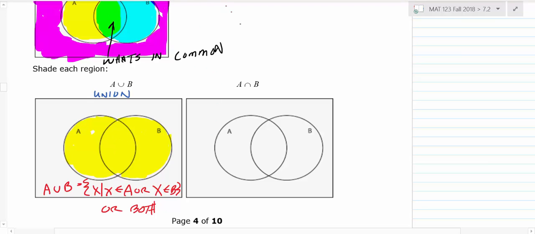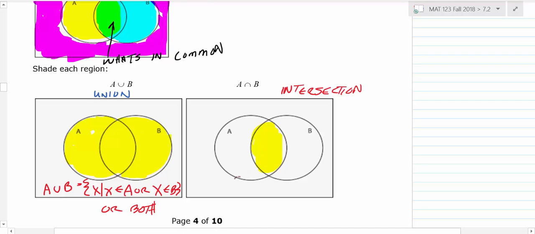The next one is intersection. Intersection just means that you have to be in A and B at the same time. So that would be here. That's the part that is inside of the circle A and inside of the circle B at the same time. That's what we mean by set intersection. You want to be real clear in a Venn diagram what the union is and what the intersection is.